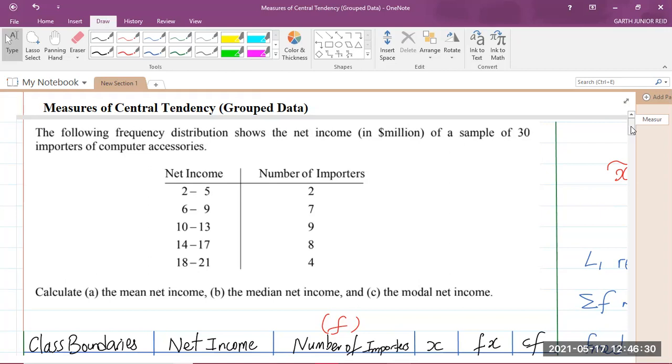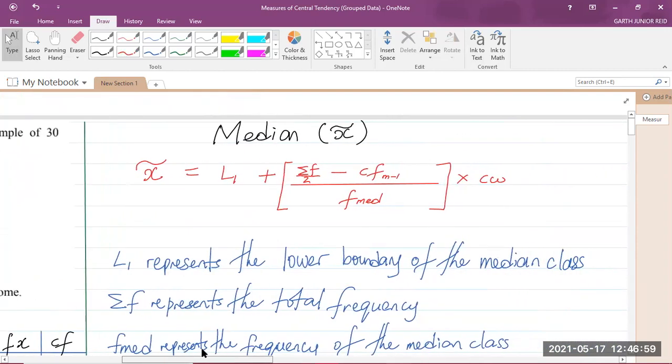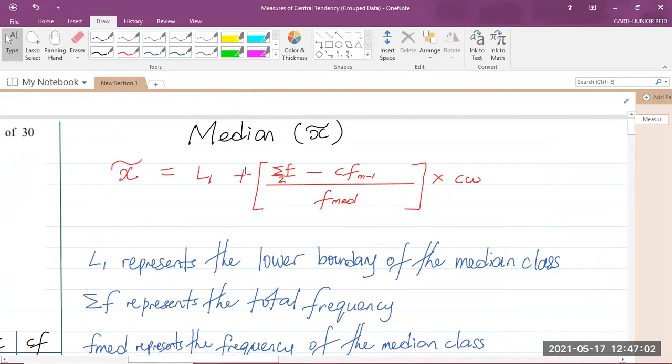Let us now calculate B, that is the median net income. So we are finished with A, and we're now going to calculate B. Let us remind you about the formula to calculate the median for grouped data.